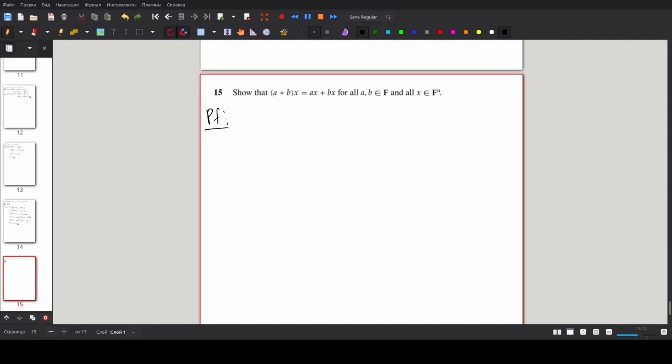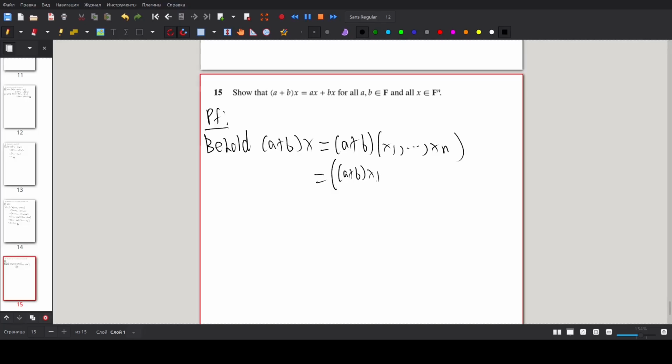So let's see. (a plus b) x is going to equal, I'll write it out, (a plus b) times (x1, ..., xn), which is going to be, I'll use big parentheses, (a plus b) x1, dot dot dot, (a plus b) xn.